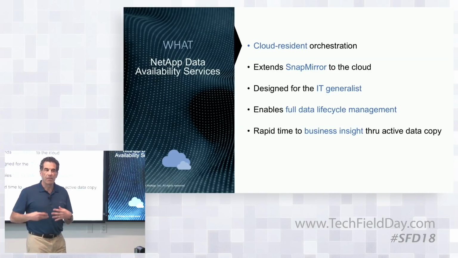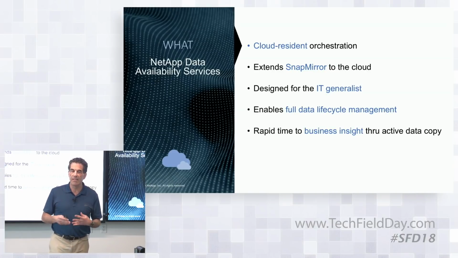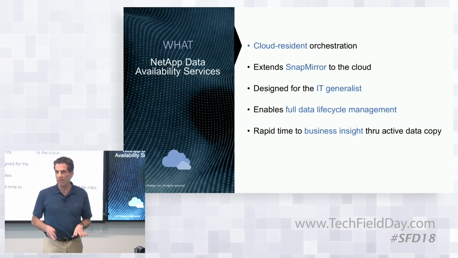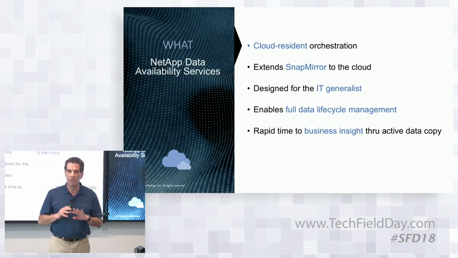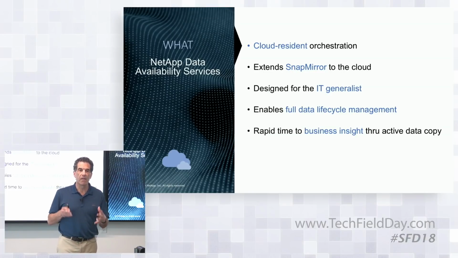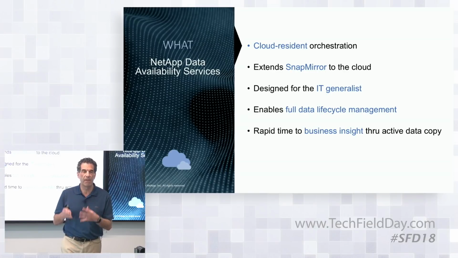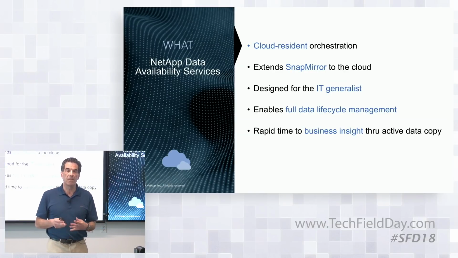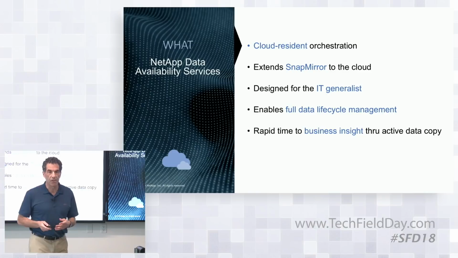The UI UX, or the user interface, is designed to abstract SnapMirror, SVMs, all that storage jargon, and allow our customers to focus on getting simple, fast business outcomes. And you'll see that in the demonstration that Charlotte will take you through in a moment.